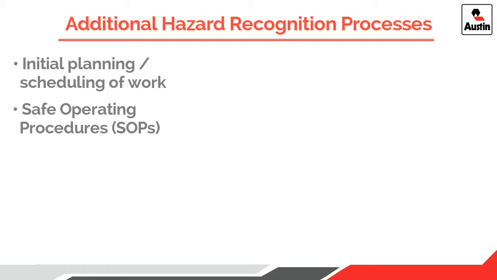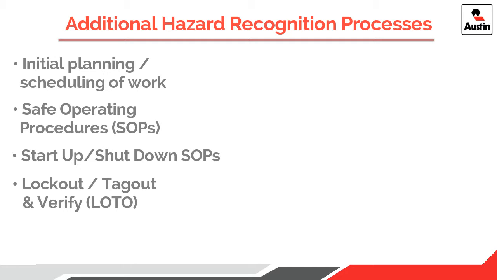Standard safe operating procedures for the startup or shutdown of plant process equipment and machinery. Shutting down and starting up machinery and equipment is critical, and it is very important to have established guidelines to do this safely. The locking out and tagging out and verifying isolation of potentially hazardous energy is one of Austin's life-critical safety rules.